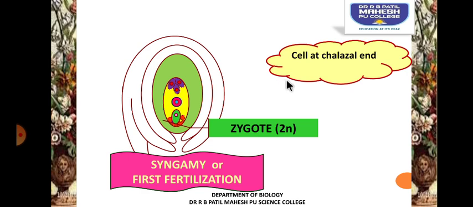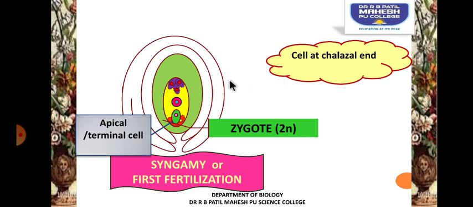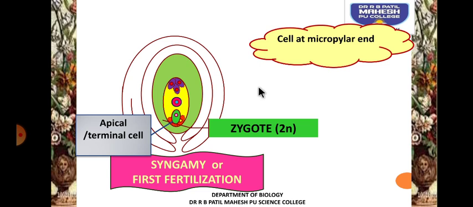The cells at the chalazal end, which are the antipodal cells, undergo degeneration, and the apical terminal cells will start dividing. Once the zygote is formed, it develops a cellulosic cell wall around itself and becomes an oosphere.